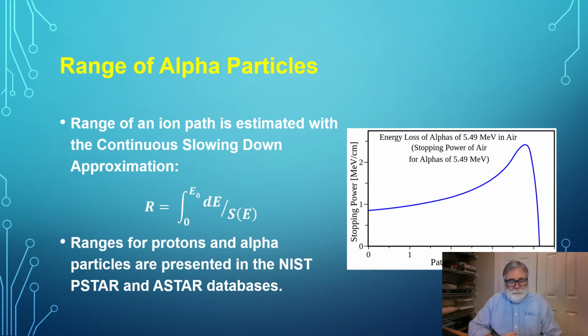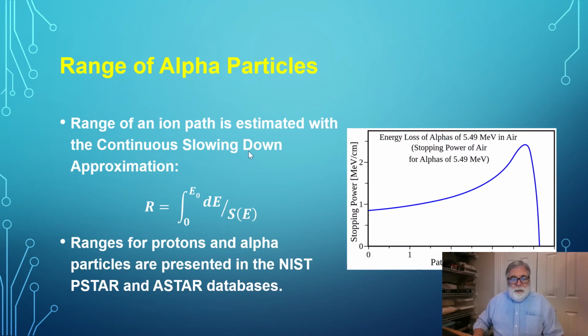The rate of energy deposition, dE/dx, is inversely proportional to speed. So as the particle slows down, it gives up more and more of its energy. That's why the ionization increases as it goes deeper. At the end of its path, it's traveling very slowly and can interact with the atomic nucleus and deposit a lot of energy through those interactions.